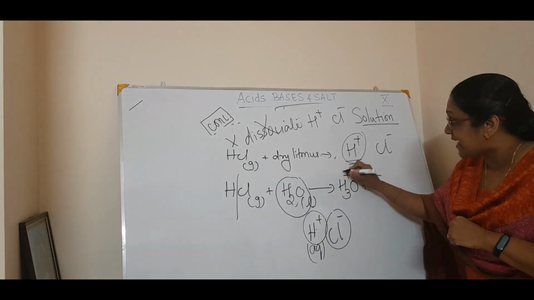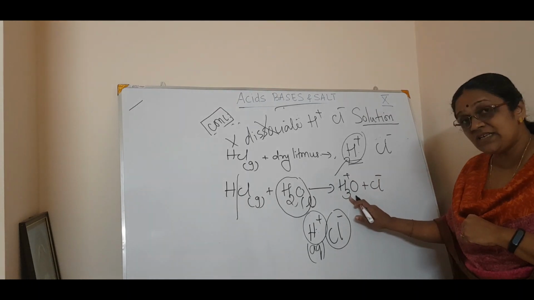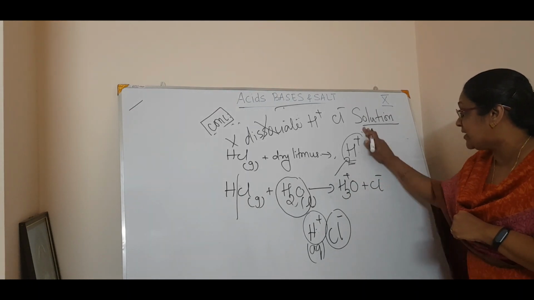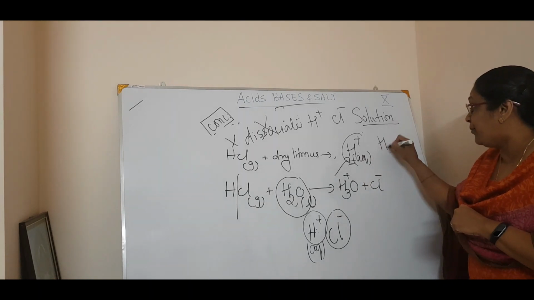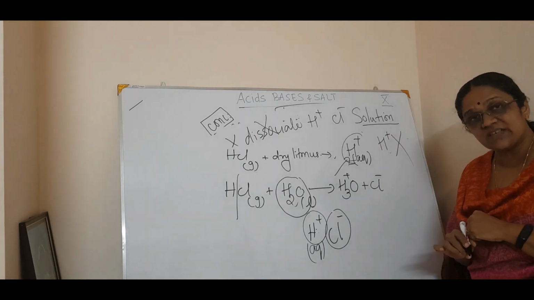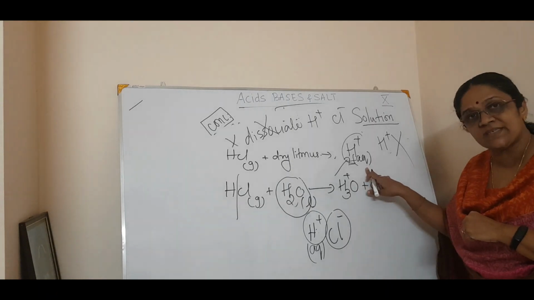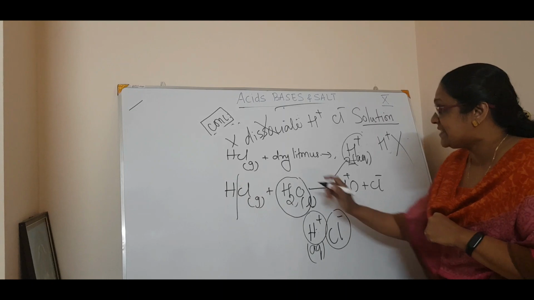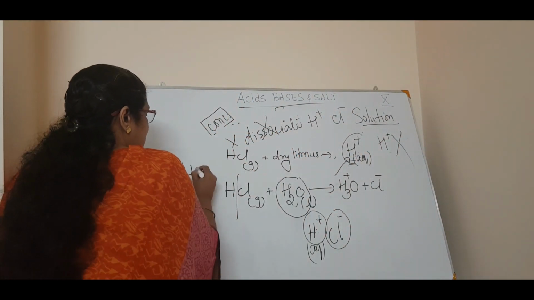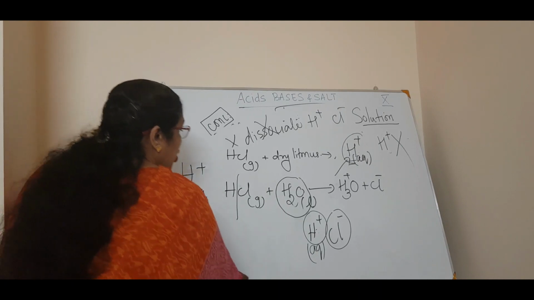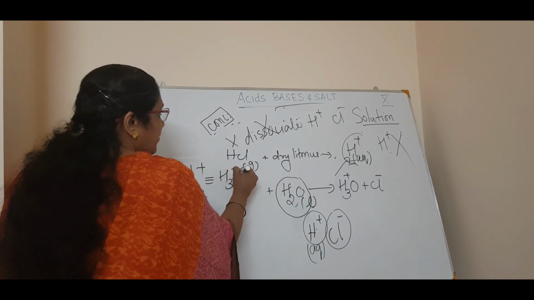In fact, this is H plus. This H3O positive is also written simply as H plus aqueous. Remember very carefully. Simply putting H plus is wrong. You have to write the phase, that is aqueous. So H plus aqueous is equivalent to H3O positive.